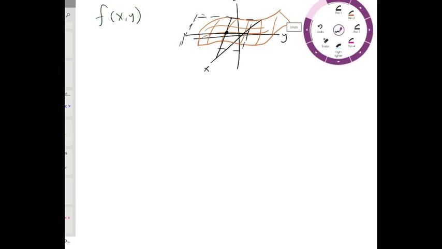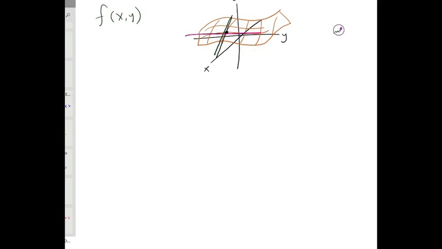So let me just get rid of that. What we're going to do is look specifically at two different tangent lines. We're going to look at the tangent line in the y direction, so that's this one, and then the tangent line in the x direction, that's this one.